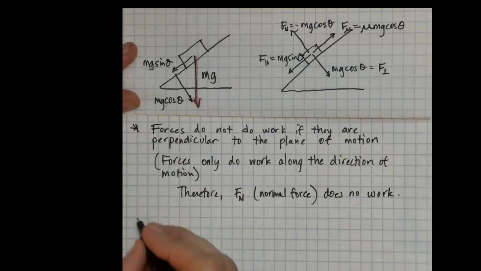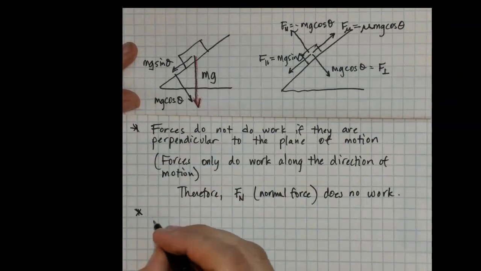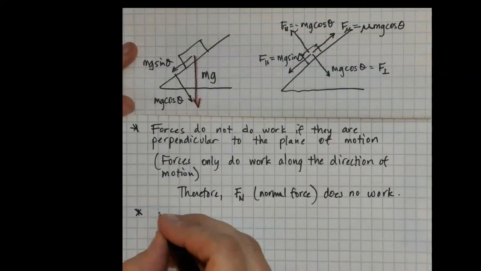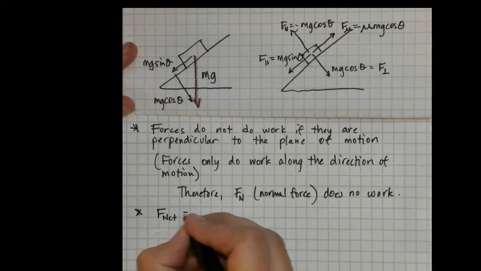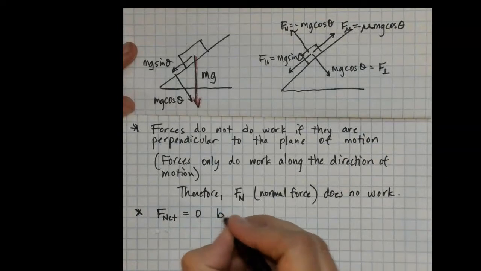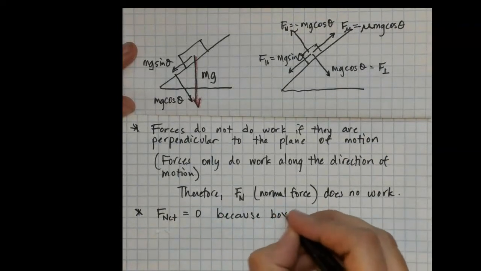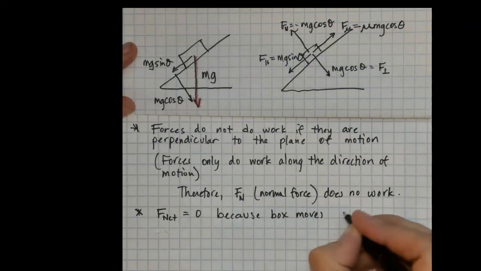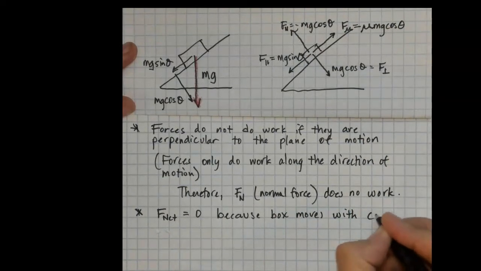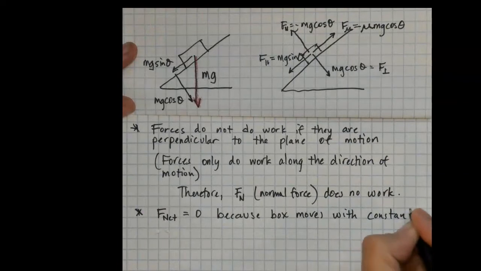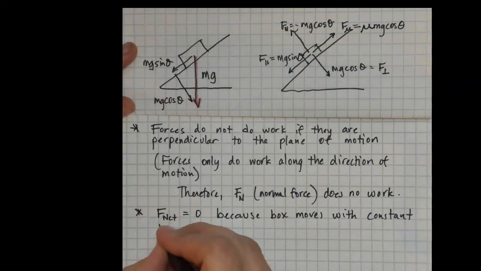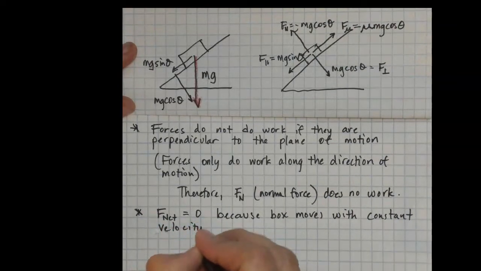Now, I want to talk about the net force. Because the box is moving at a constant velocity, there's no net acceleration, and so there's no net force. Well, since work is force times displacement, if there's no net force, the work done by that net force is 0.